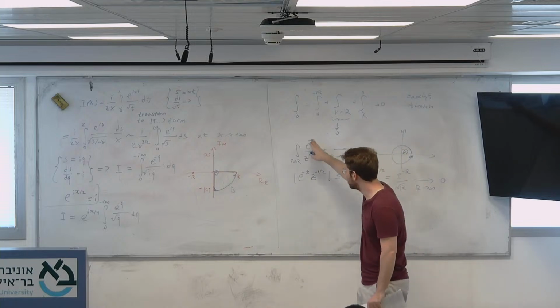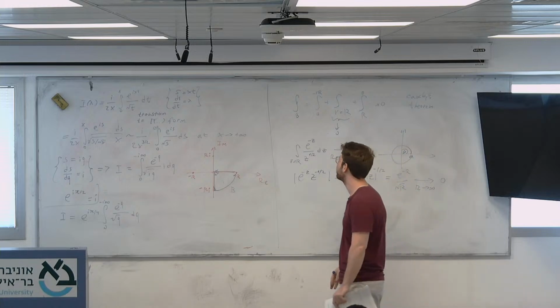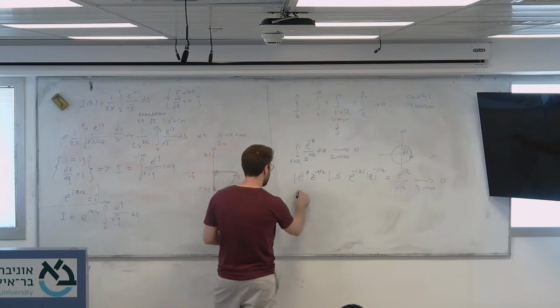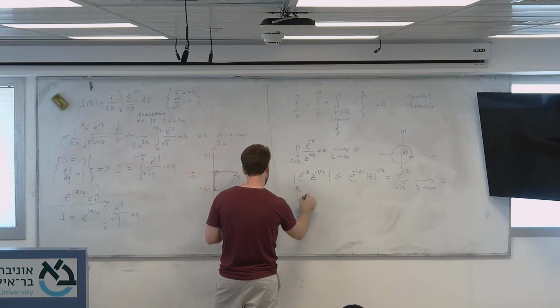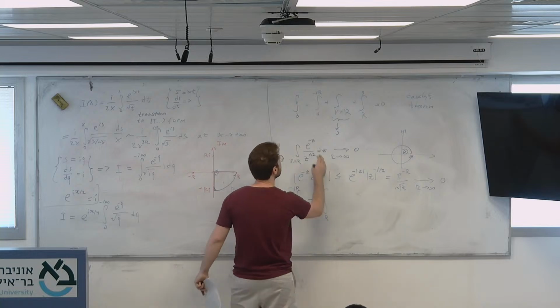Okay, and then the integral on this function would also be 0. Okay, so that's the idea. So now we have 0 to iR minus iR equals minus R0 from here.